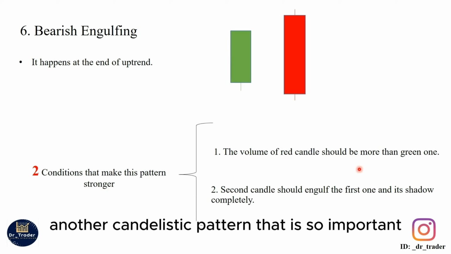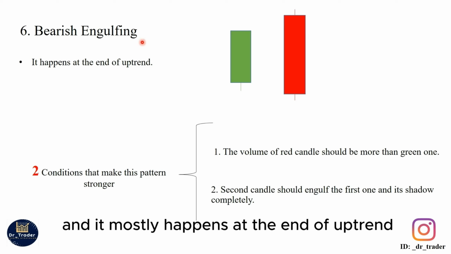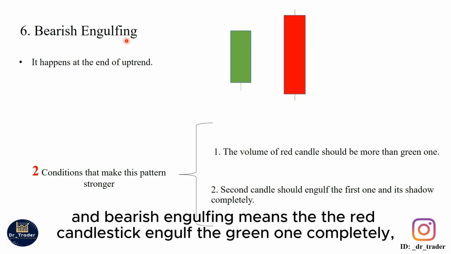Another candlestick pattern that is very important and worthy to know and understand is bearish engulfing. And it mostly happens at the end of an uptrend. Bearish engulfing means the red candlestick engulfs the green one completely.